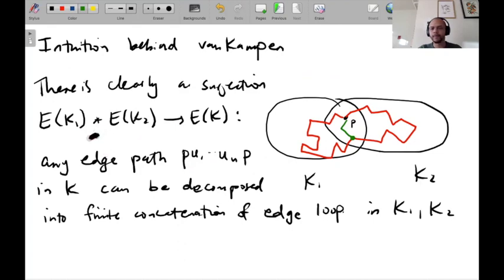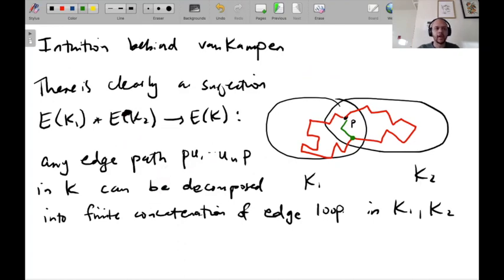The image of this homomorphism is exactly things that first do an edge in K1 and then an edge in K2 and then a loop in K1 and K2 alternating. Okay.